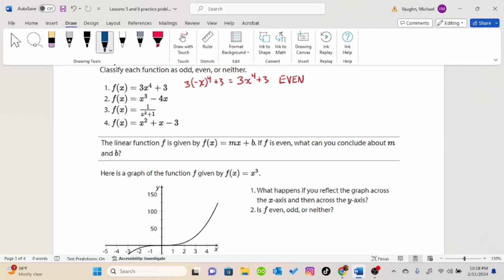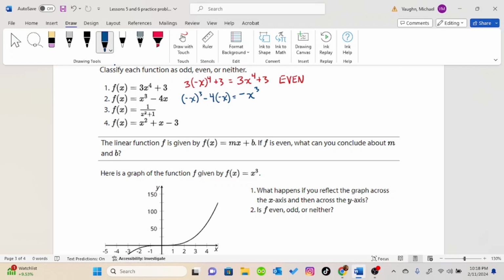On the next one, if I substitute negative x in here, negative x to the 3rd minus 4 times negative x, a negative to the odd number power is going to be negative x to the 3rd.